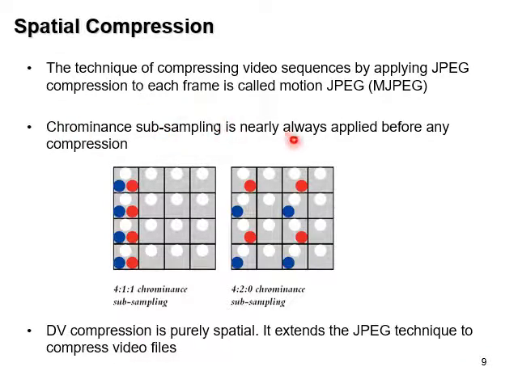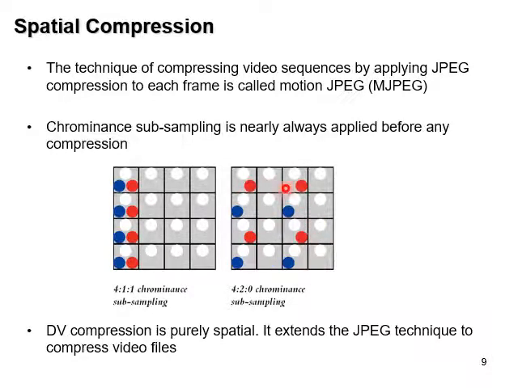Now, before that, chrominance subsampling, if you remember, we talked about this before in video representation. Chrominance subsampling is nearly always applied before any compression, and that by itself will cause compression. This is, for example, 4:1:1. Every 4 pixels, you have 4 grayscale representations, the Y, and then 1 CB and 1 CR. There is also something called 4:2:0. The idea here is that every row you either have the CR components twice or the CB components twice.